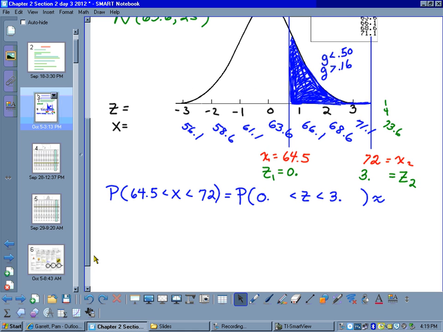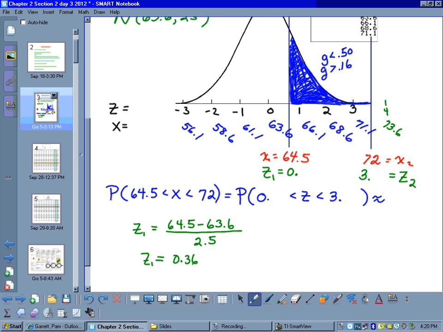So the first step is to calculate the first z-score. So z sub 1 is going to be 64.5 minus 63.6 divided by 2.5. And doing those calculations, that should get me approximately a z-score of 0.36.